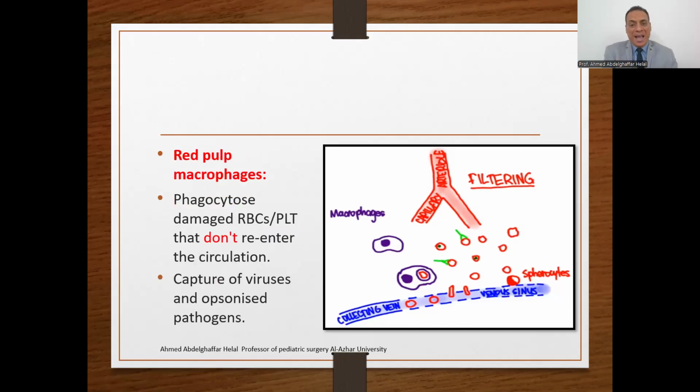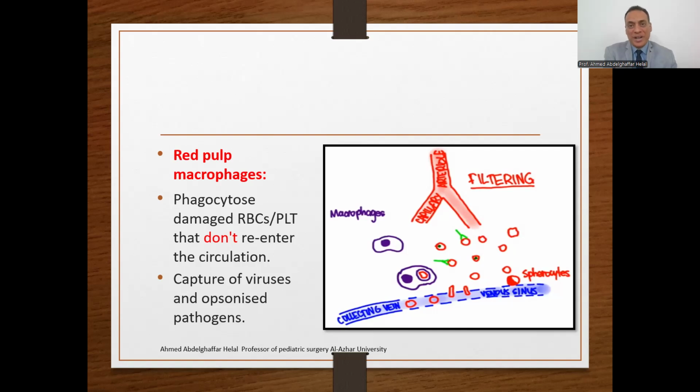The red pulp macrophage phagocytoses the damaged RBCs or platelets that don't re-enter the venous circulation through these slits. It also captures viruses and opsonized pathogens. Pathogens, viruses or bacteria attached to antibodies, called opsonization, is the process of coating the viruses or microorganisms with antibodies to be recognized and identified by the immune system.